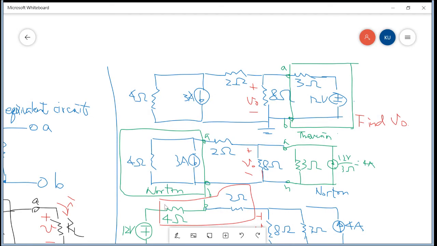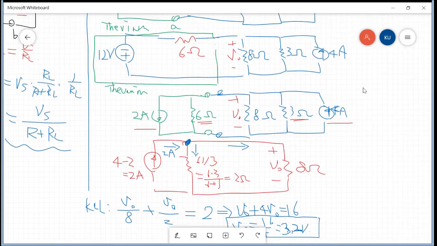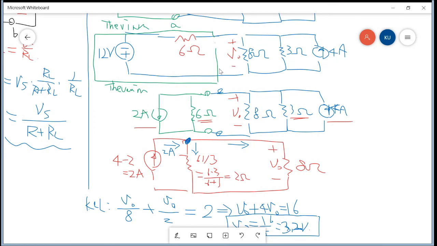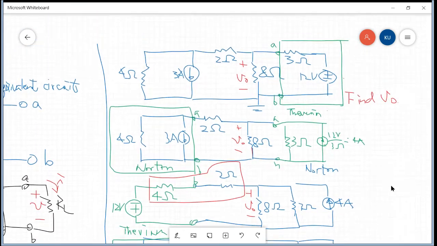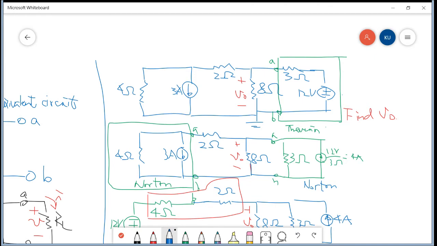So 3.2 volt here. Actually, you can trace back to here, then you can know, suppose you know this is 3.2 volt here, you can trace back the original circuit easier, because just for example, you know that 3.2 volt at this node, so you can calculate the current going through here is 3.2/8 is the current going through the 8 ohm resistor, and the current going through this 3 ohm resistor is 12 minus 3.2 all over 3, so that we can also know the current going this way.